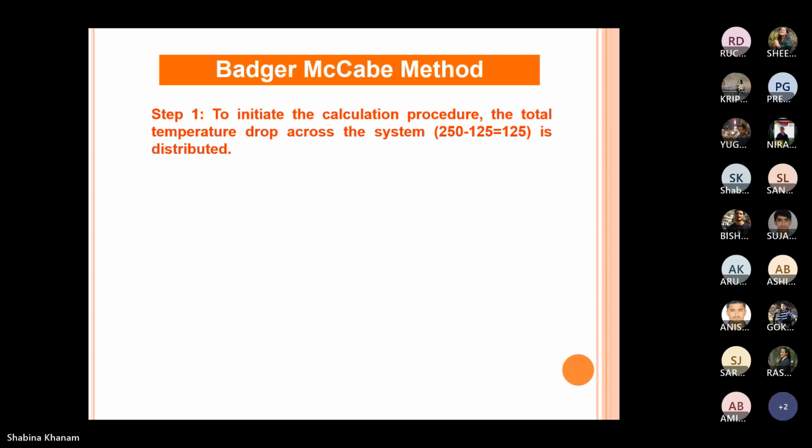Don't consider feed temperature over here. So it should be T naught minus T3, and all values are given, so the total temperature drop available in the system is 125, which will be distributed in all three effects: delta T1, delta T2, and delta T3.